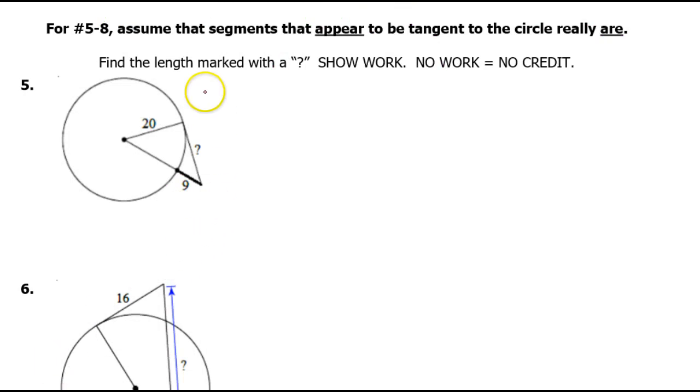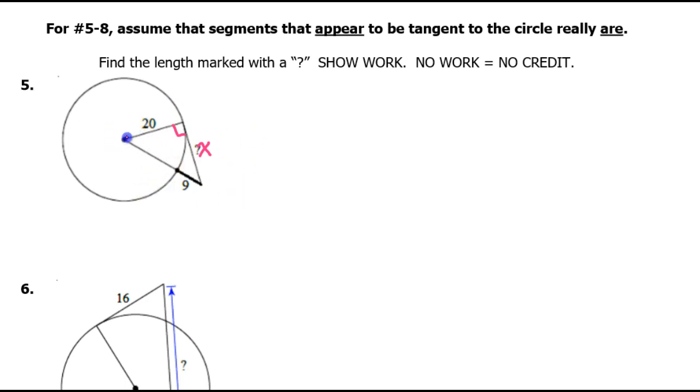For the next few problems, we're supposed to assume that anything that looks like a tangent really is a tangent. So, for example, I see the question mark. We're supposed to find that, so I'm going to call it x. But we know that if this is a tangent, then it must be perpendicular to the radius, which makes this a right triangle, so that means I can use the Pythagorean theorem.